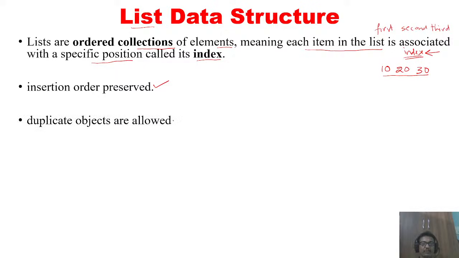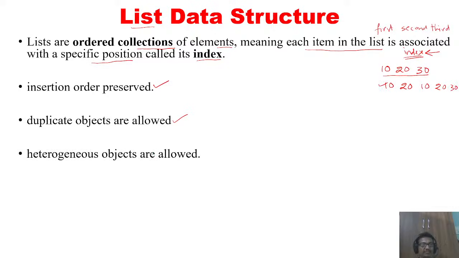Then duplicate objects are allowed. Here also, like an array, we can store duplicate elements inside the list: 10, 20, again 10, 20, 30. Then heterogeneous objects are allowed.